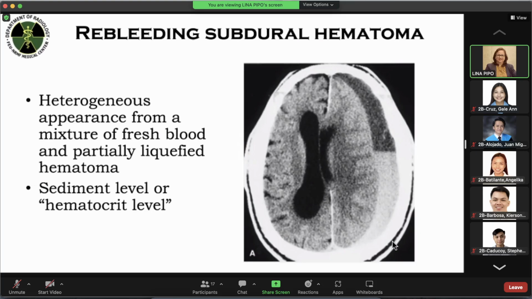So this is what we call your sediment level or hematocrit level that we can see in a rebleeding subdural hematoma. It means it already had a chronic hematoma before but rebled, so there was fresh blood, and it resulted in a sediment level or hematocrit level. So note also the mass effect. There is compression to the contralateral side.